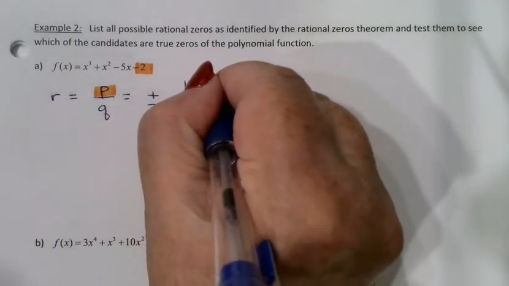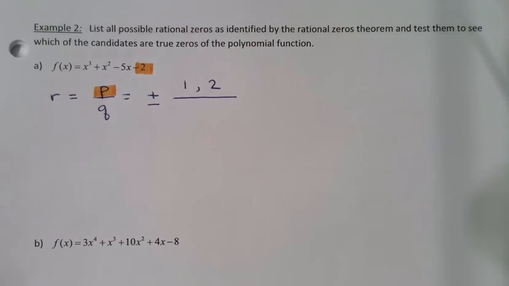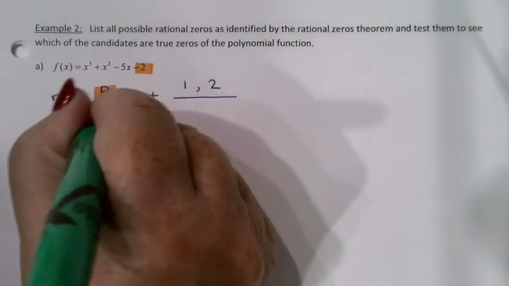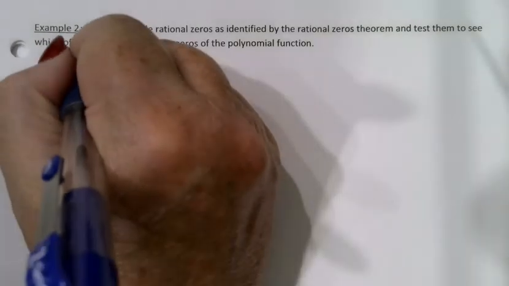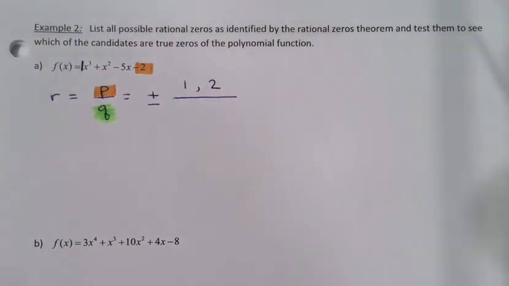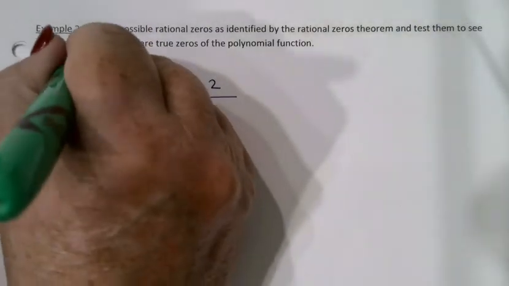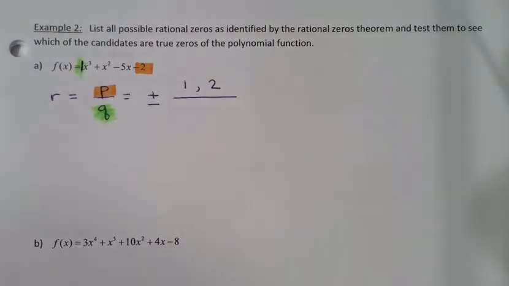So I'm going to list my possible factors of 2. All right, the q is a factor of the leading coefficient. Although it's not written here, we know that leading coefficient is really 1. That's even easier. The only factor of 1 is 1.